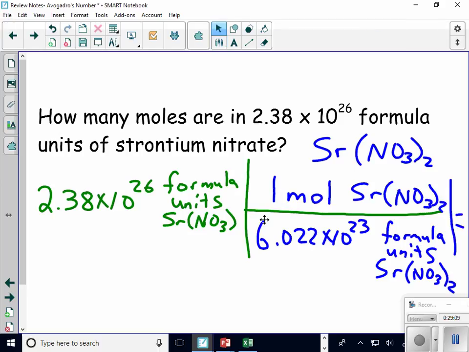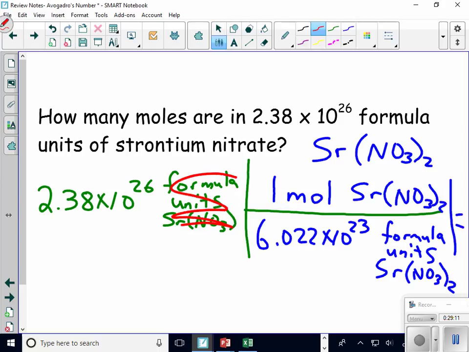Now, do my labels cancel? Formula units, strontium nitrate formula units, yes they do. So now when I do my math, I'm going to take 2.38 times 10 to the 26 divided by 6.022 times 10 to the 23rd. What should my answer be exponent-wise? Just a guesstimate, I take my 26 minus 23, so it should be somewhere around 3, right?